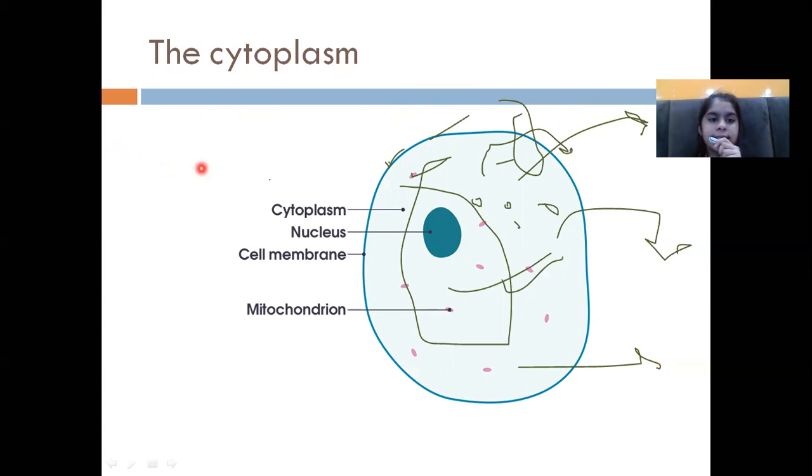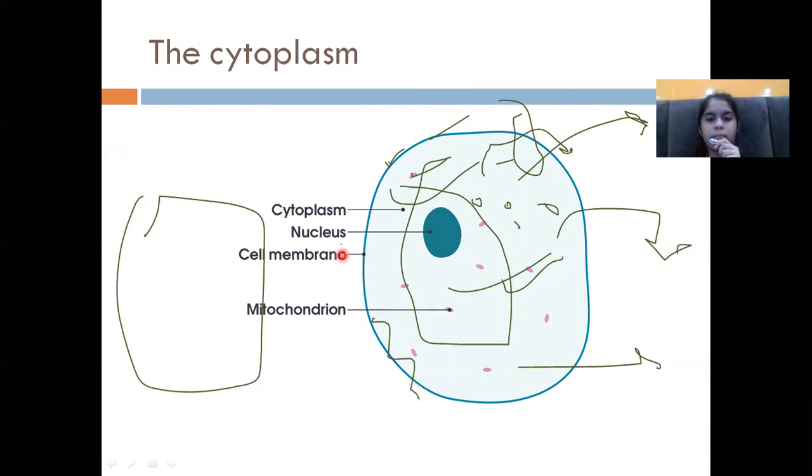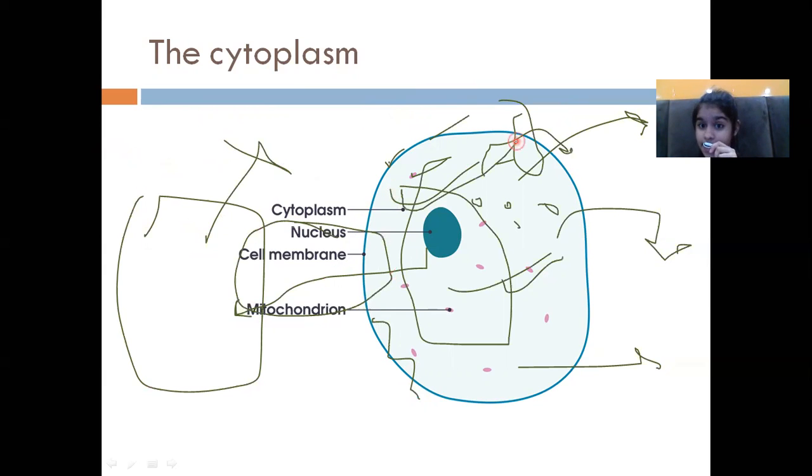If I have one cell over here and one more cell over here, if I remove this plasma membrane, obviously this fluid will come out and it will mix with this. If I remove this also, they both will get mixed and no cell will sustain, right? So it protects the cell.